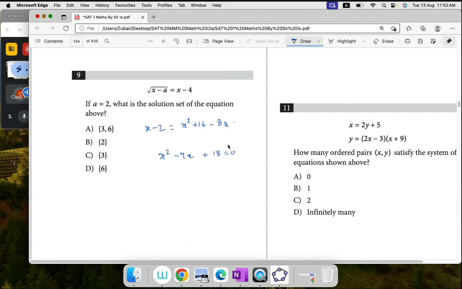And I am, no, where's my calculator? Okay. I'll have to do it manually. Calculator could also solve this. So this is 18, 6 3 times x square minus 6x minus 3x plus 18, x minus 6, x minus 3. x is equal to 3 and x is equal to 6.